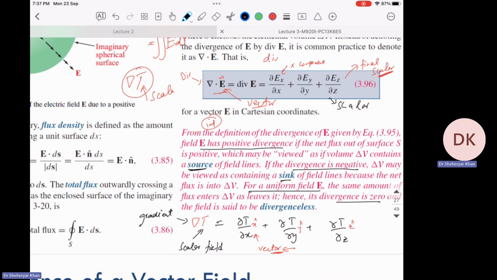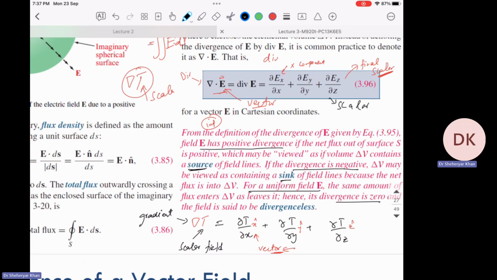Sometimes I ask students, okay, this is a vector field, find the divergence and comment on the answer. It's very simple. You just apply this formula that we will do later, and after applying the formula, you look at the answer. If the answer is 15, then you have to comment that because it's positive, it's a source. Sometimes the answer is zero. So I would ask why the answer is zero.